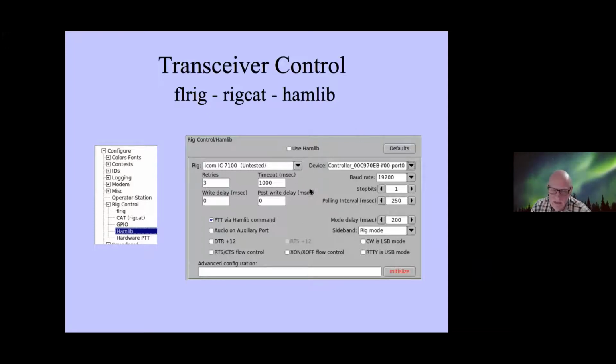The Hamlib library has a large number of transceivers that it can support. It's a modest level of support, so you can't do things like control the notch. You can't read the standing wave ratio or the S meter, but you do have control over frequency, band, mode, and push to talk.